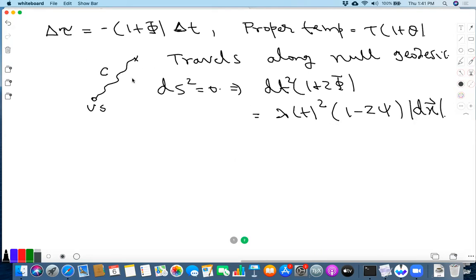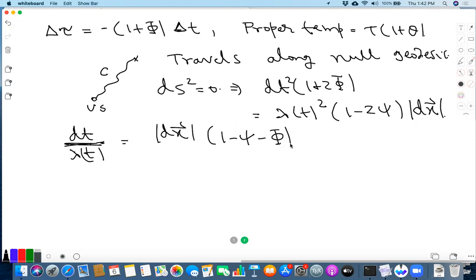So if you denote this path by c, then we have dt over lambda t is, let me write this as mod dx times 1 minus psi minus phi, because 1 minus 2 psi over 1 plus 2 phi is 1 minus 2 psi minus 2 phi, and then you're taking the square root.